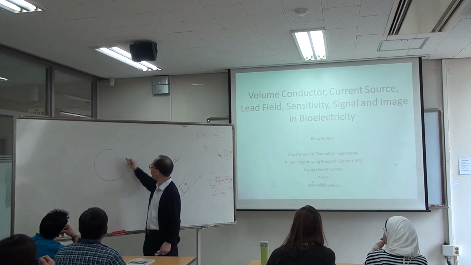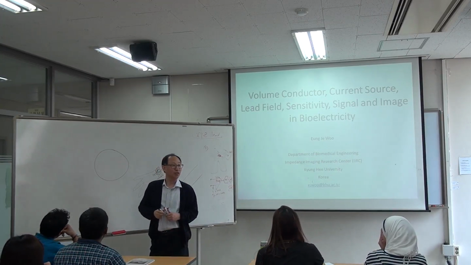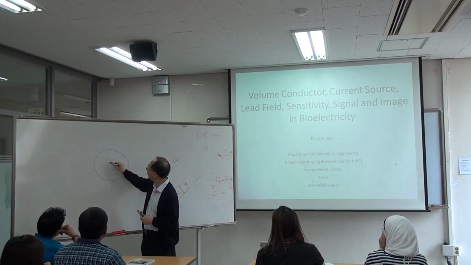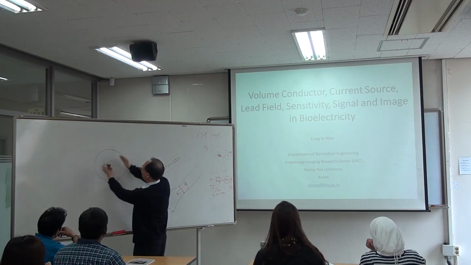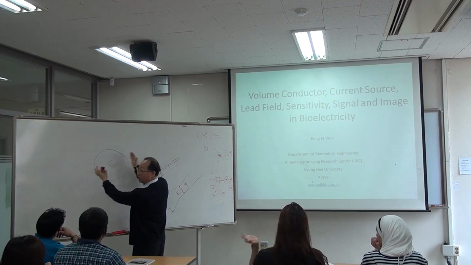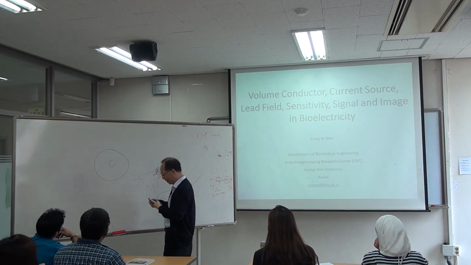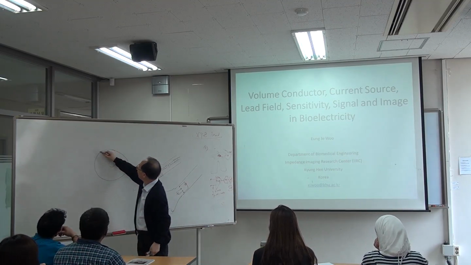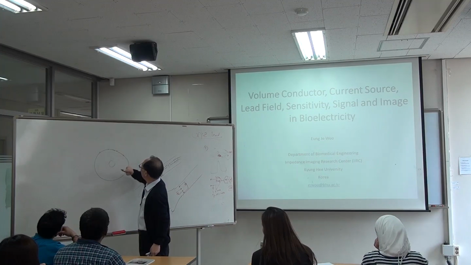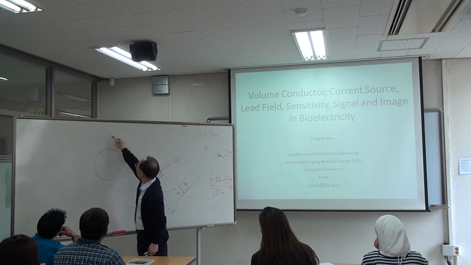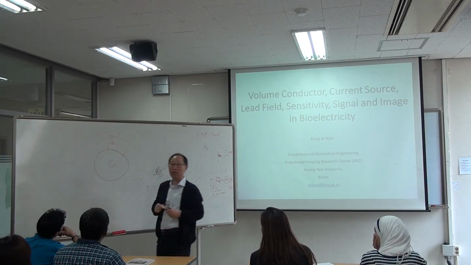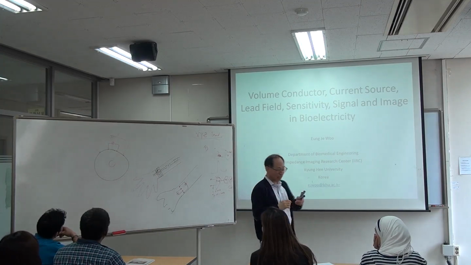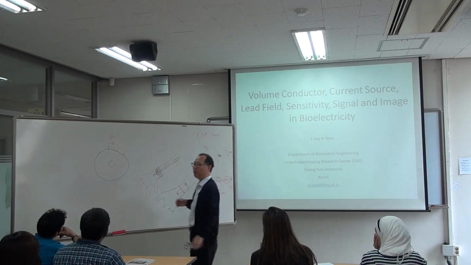I'm going to draw the cross section of the wrist. And here's going to be the blood vessel. And the diameter of the blood vessel is going to expand and shrink, right? Okay. Now, I attach the 4 electrodes like this, and I'm injecting current, and I'm measuring voltage here. So what's going to be the lead field here? To find the lead field, what should we do?